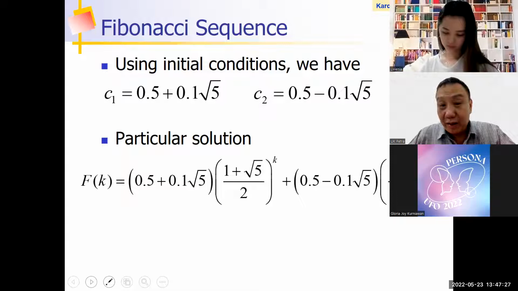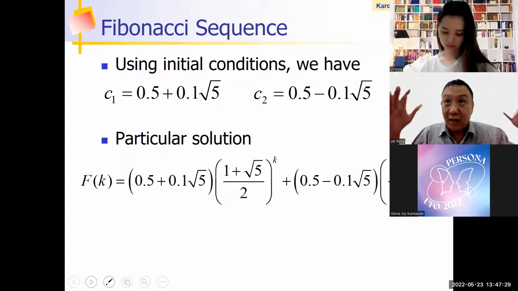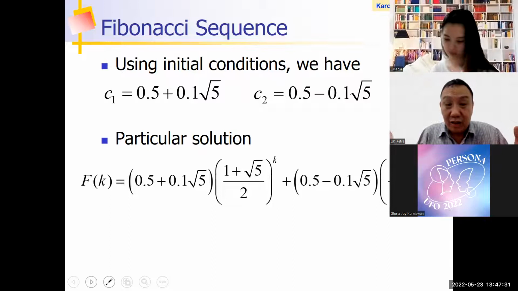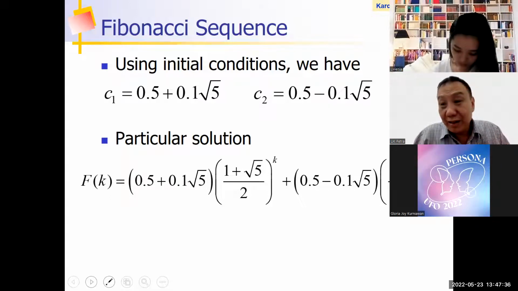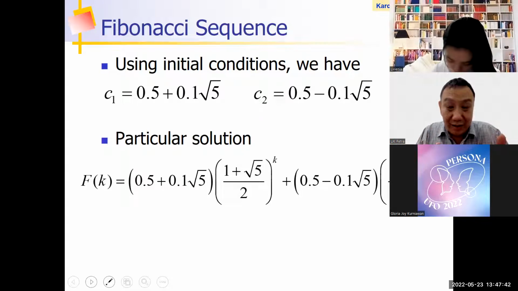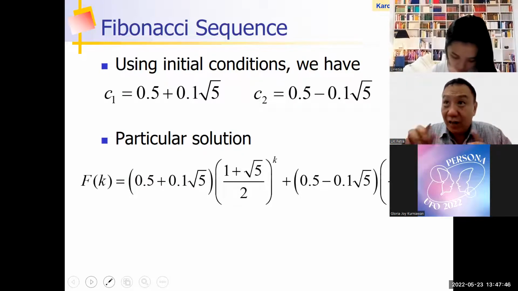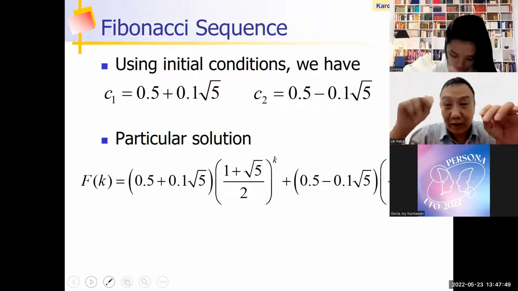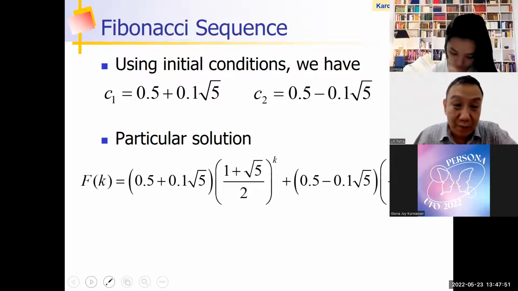When they study nature, they discover that nature actually has this kind of pattern, and even the pyramid and the Parthenon also use this ratio. This is very interesting. Even the number of leaves, for example, uses the same ratio.